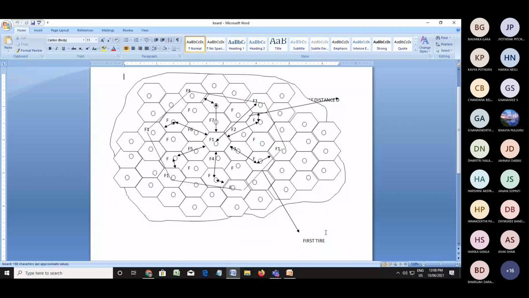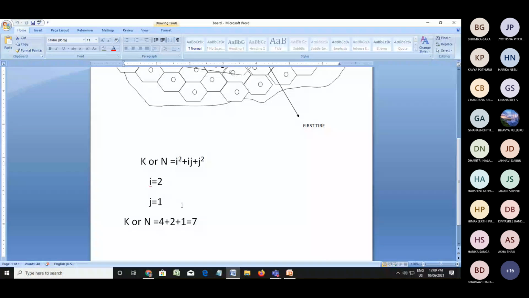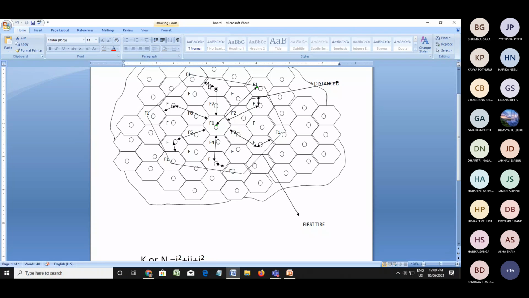Right. Here, see this figure. From the center cell, F1 we are using based upon I equals 2, J equals 1. We calculate a K value which equals 4 plus 2 plus 1, 7. Based upon the I value, we move 2 cells, and based upon J, 1 cell counterclockwise 60 degrees, again for F1. Here from the center cell, how many co-channels are there? 1 to 6 co-channels.